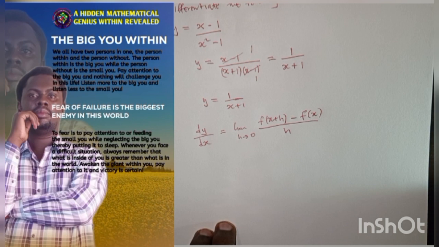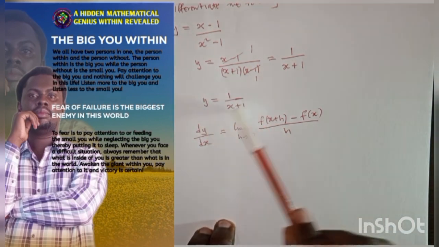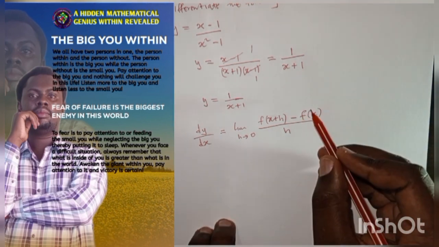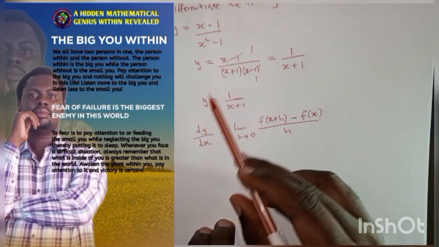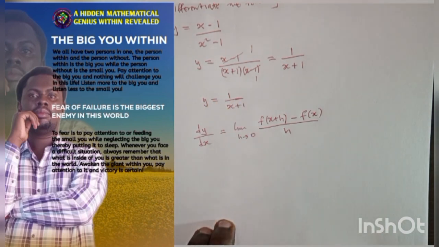From this it's just a matter of substituting: where there is x in our initial question, we put x plus h. And f of x is the initial question, that is y is equal to 1 over x plus 1.